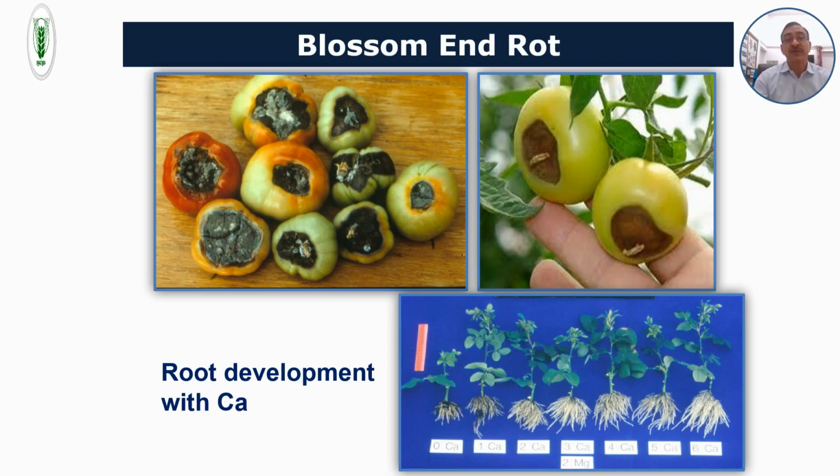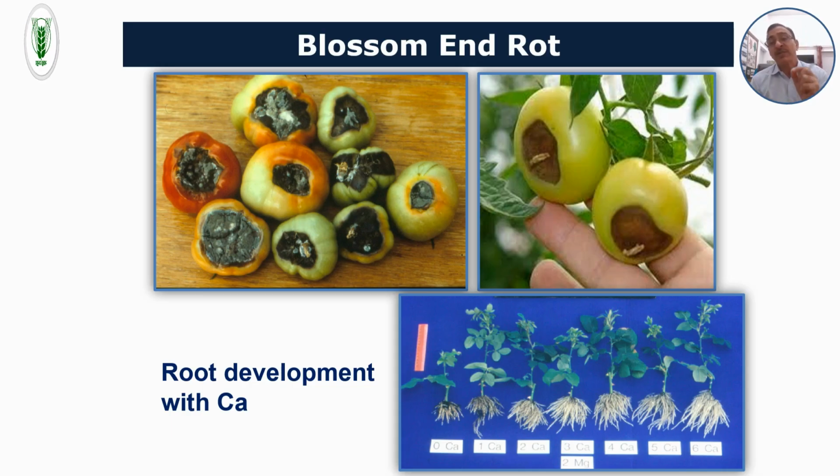symptom of calcium deficiency, and there is a disease associated with calcium, that is blossom end rot. This blossom end rot, sometimes a farmer may consider it a fungal disease, but this is not a fungal disease. It initiates at the point where the flower is attached to the tomato.